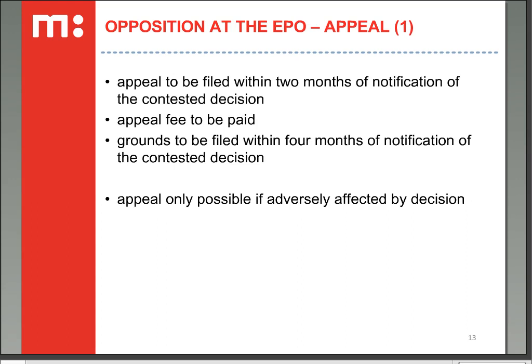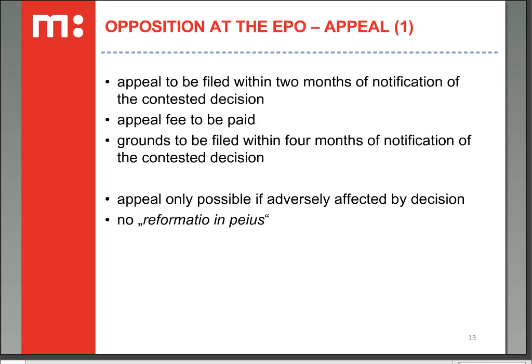There is one quite interesting point. In these proceedings, there is the no reformatio in peius principle. So what does it mean? It means if you have the patent maintained in amended form, and you as opponent are the only person who appeals because you think it should be revoked completely, without this principle it would be possible that the patent after the appeal would be broader than it was before.